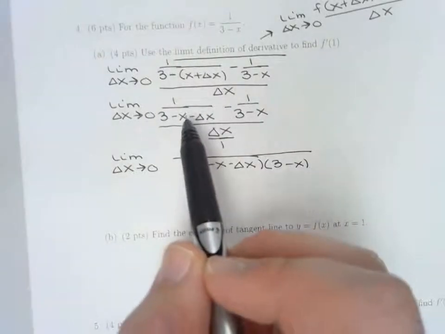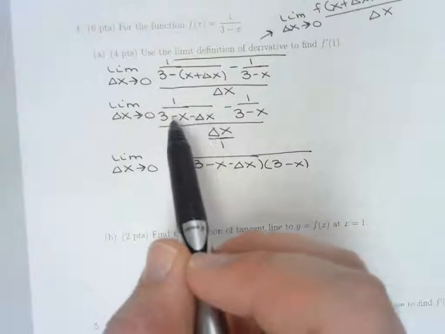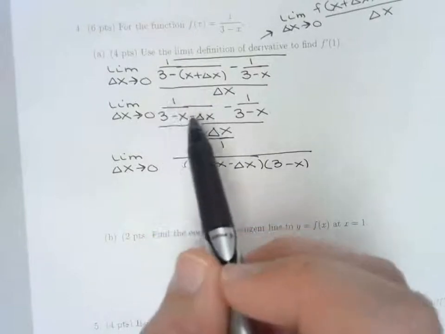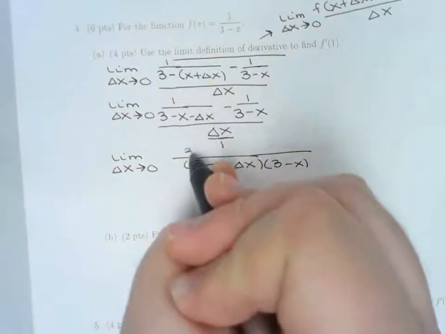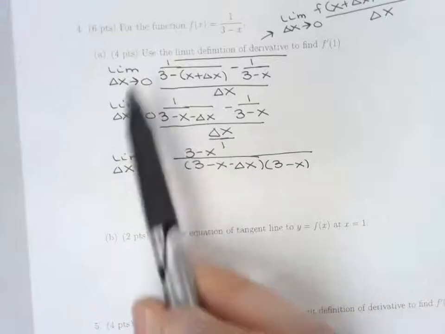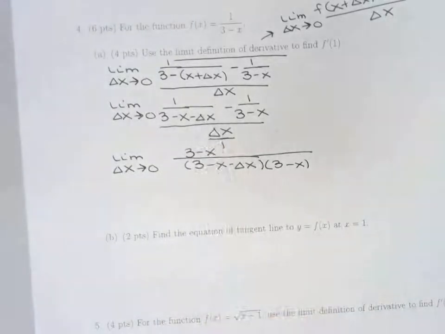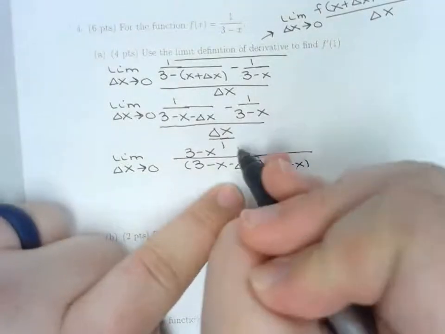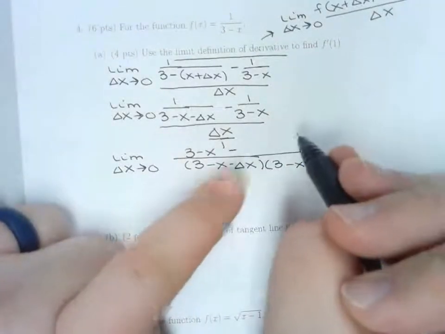The fraction on the left, I'm going to have to multiply by 3 minus x. The fraction on the right, I have a 3 minus x already, so I'm going to have to multiply by 3 minus x minus delta x.